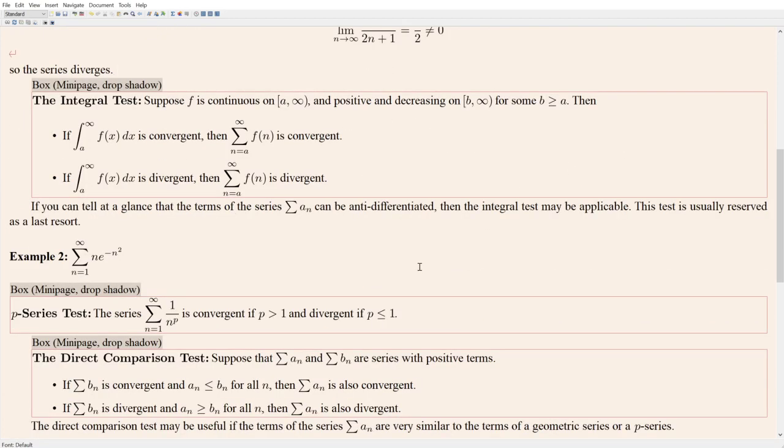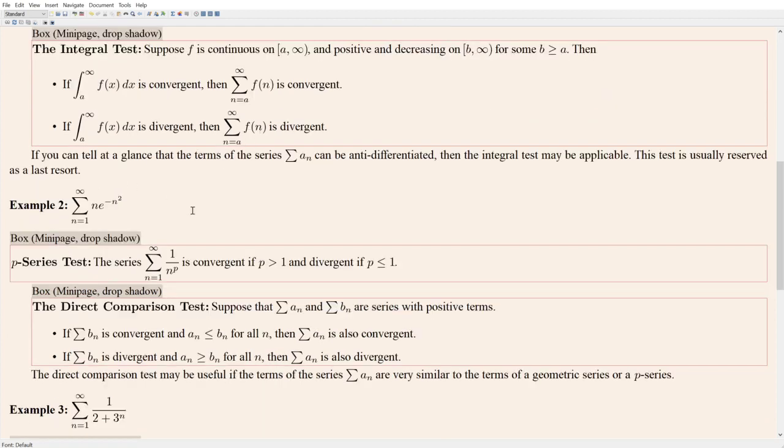Okay, the integral test. This basically just says that if your function is continuous, positive, and decreasing, and you know how to find the antiderivative of it, then the behavior of the improper integral from whatever out to infinity is the same as the behavior of the series.